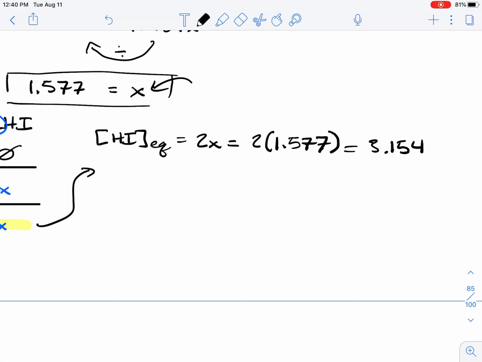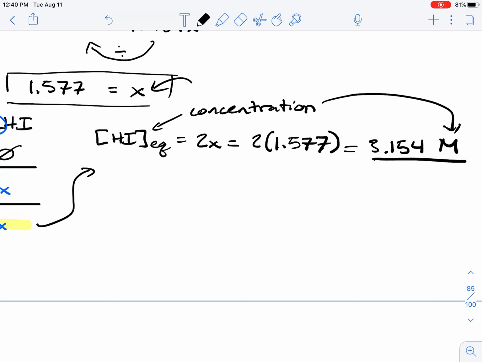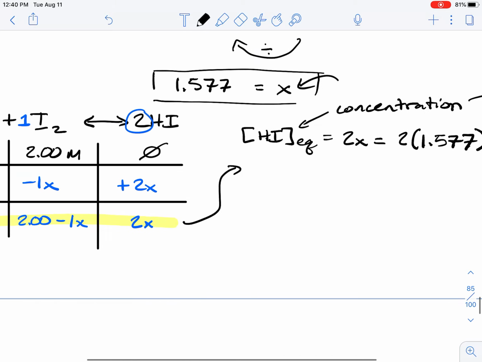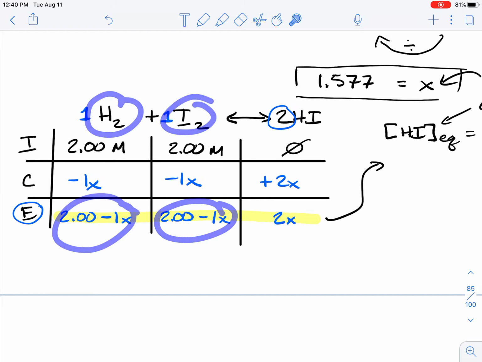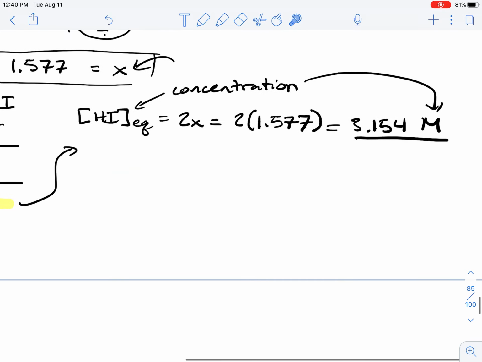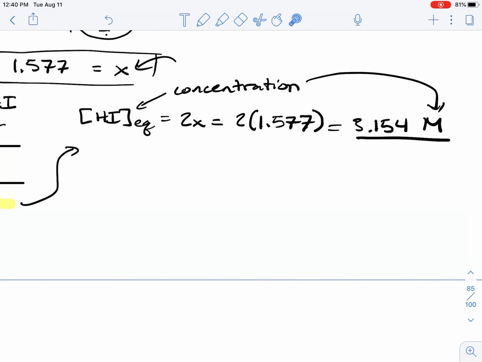Okay. Now, since we're talking about concentration, then the final unit must be in molarity. And if you look at both the equilibrium concentration for H2 and I2, it's defined by the same expression. So I'm just going to represent both of them in one go.